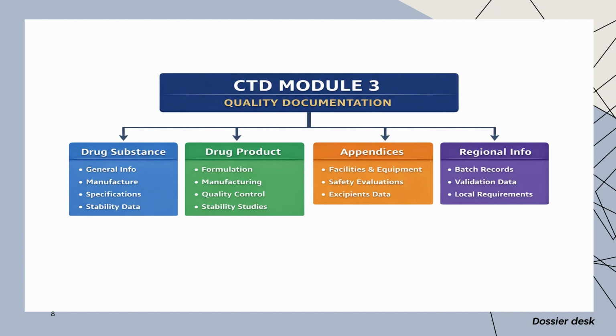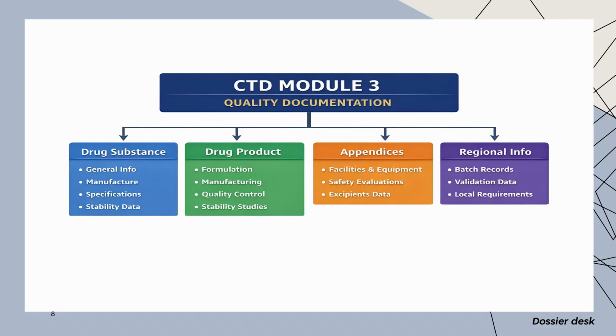Next, we have the drug product section corresponding to 3.2.P. This includes formulation composition, pharmaceutical development, manufacturing process and controls, finished product specifications, stability studies supporting shelf life. This section proves that the final product is safe, effective, and reproducible.